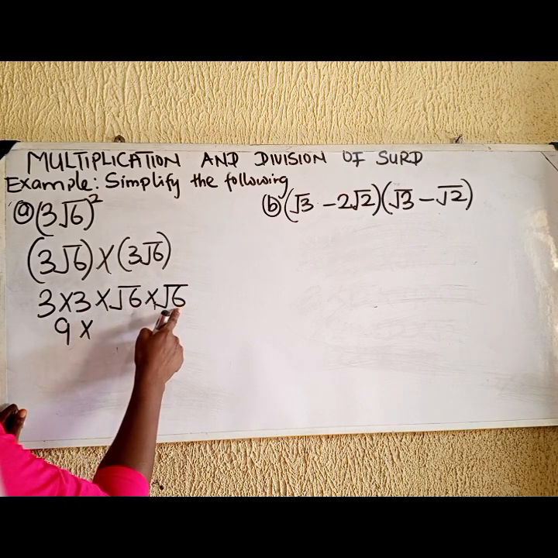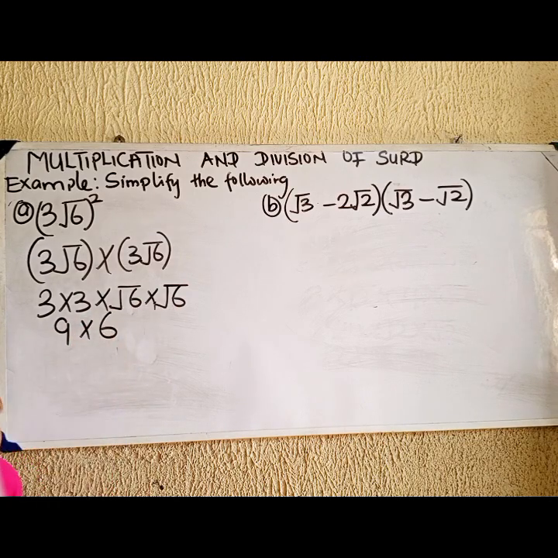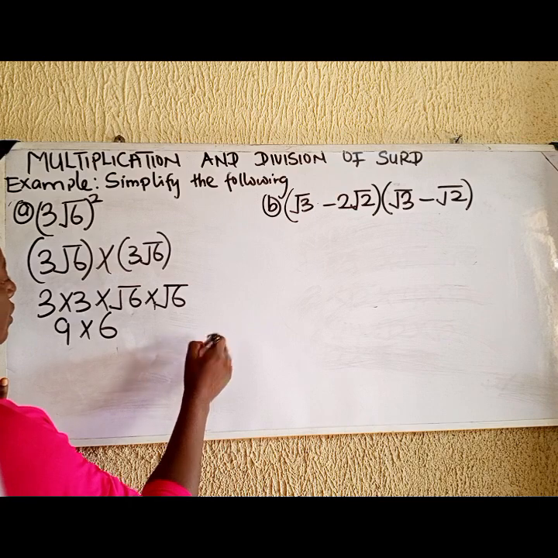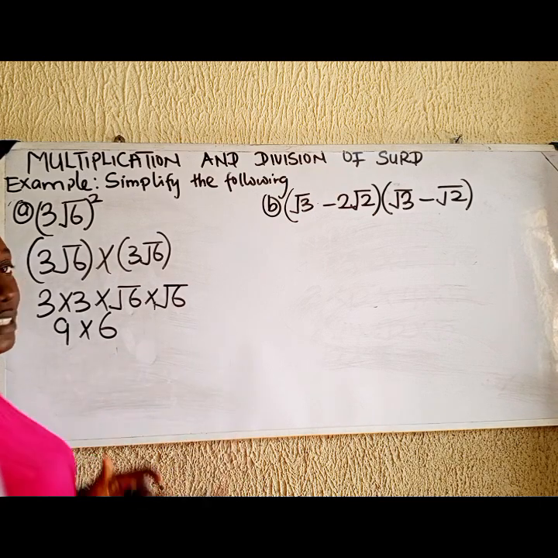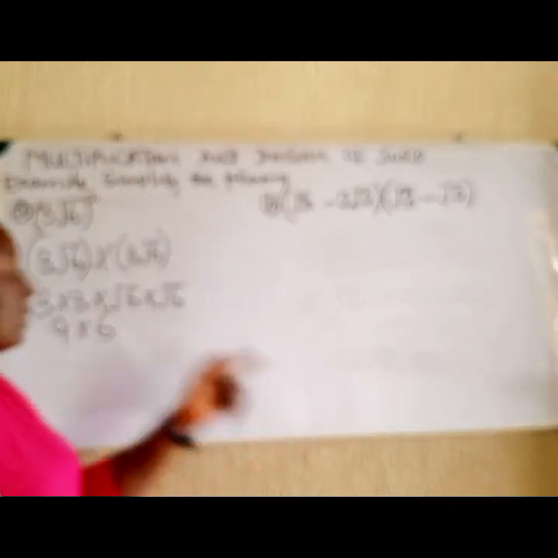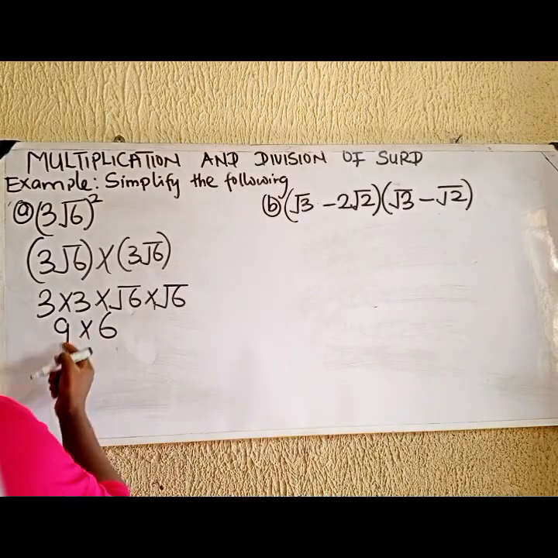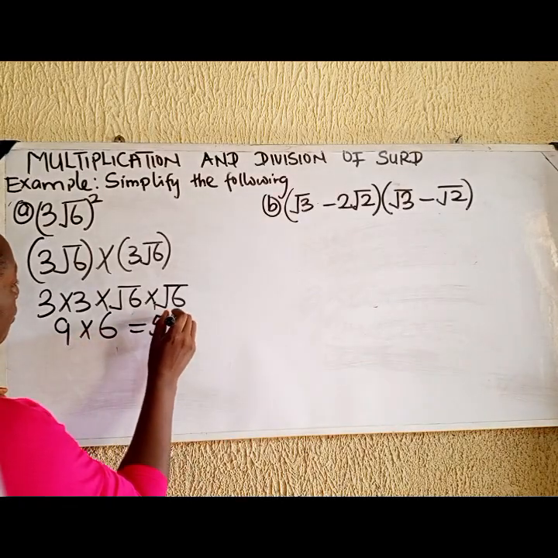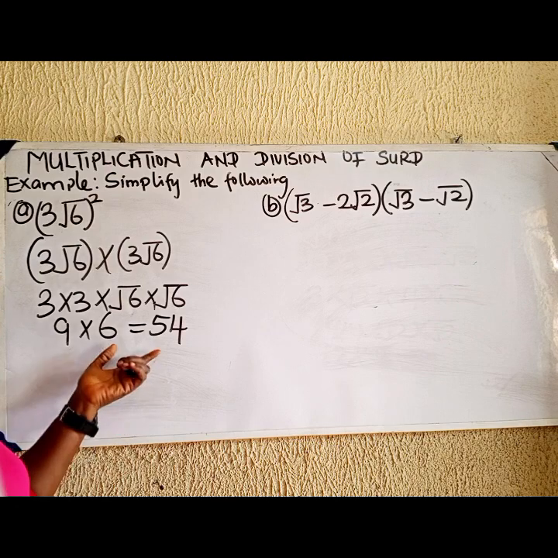Root 6 times root 6 will give me 6, because root 6 by root 6 will give me root 36, and the square root of 36 is 6. So 9 times 6 is equal to 54.